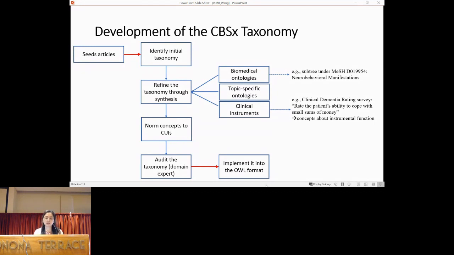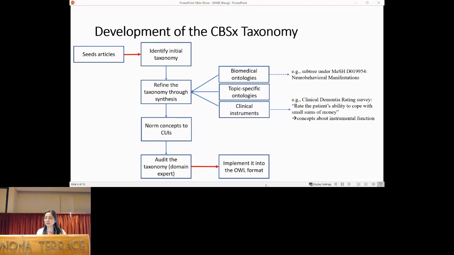This base taxonomy contains concepts which can be loosely categorized into cognitive symptoms or behavioral symptoms. And then we started from 4 general biomedical ontologies, because these ontologies are well known to contain cognitive concepts or behavioral concepts.